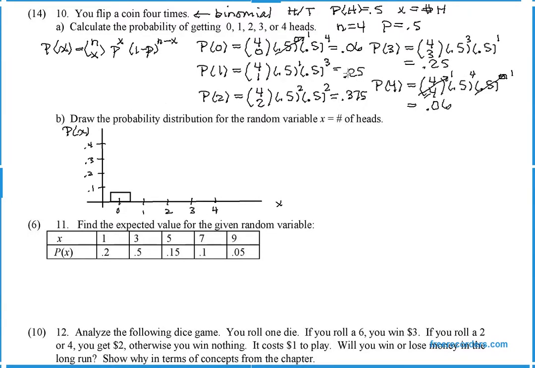And then probability of 1 right here is 0.25. So a bar centered on 1, it's going to go up to 0.25, about right there. And then probability of 2 is 0.375. So a bar centered on 2 goes up to 0.375. That's almost to 0.4, about right there.